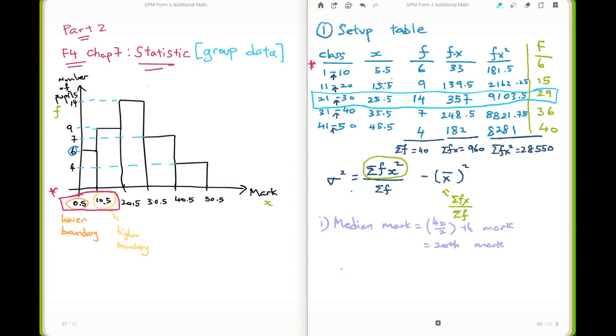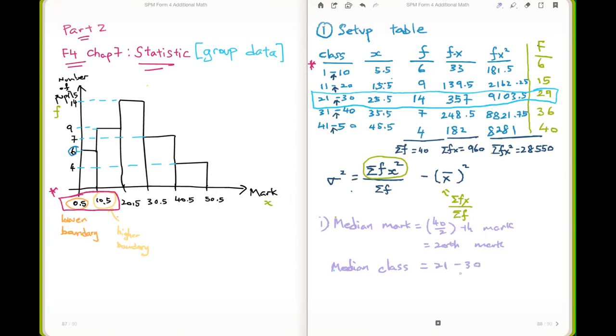So, therefore, the median class, if a question asks for the median class, that will be 21 to 30. You get 1 mark over here.